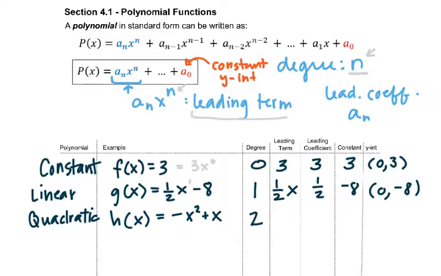The leading term is -x squared. And the coefficient, the number in front of this term, is -1. And if we think about what our constant term might be, there is no constant term. So the constant is 0, which creates a y-intercept of 0, 0.